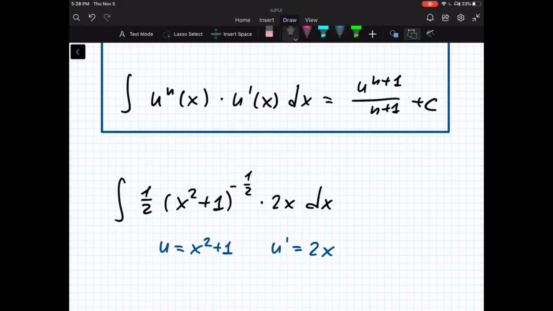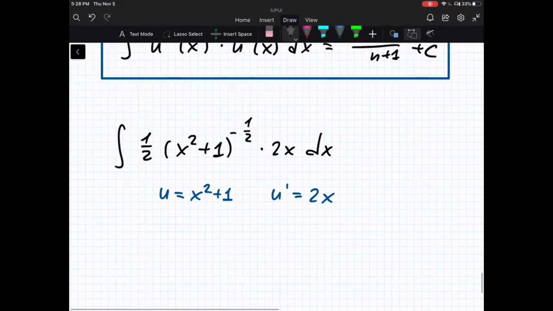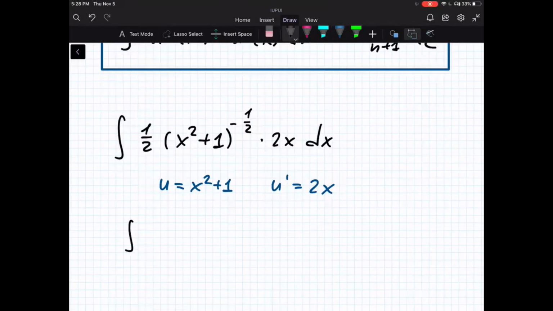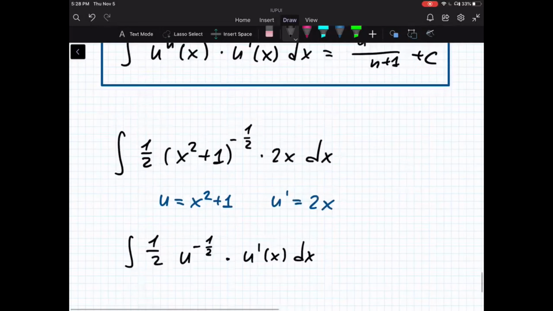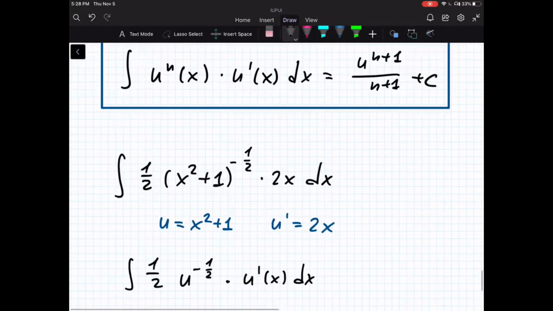And so I can write my integral as the integral of 1/2 u to the power minus 1/2 times 2x, which is u prime of x, times dx. So exactly the form in the blue box, except that I have 1/2, but it's just a constant that I can put in front of the integral.